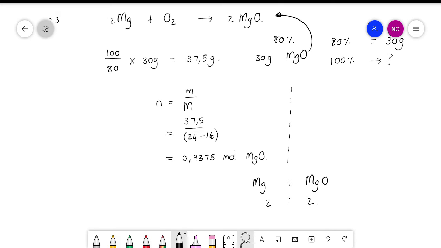So if it's 0,9375 mole of magnesium oxide, then it will be exactly the same amount of magnesium. En dis jou antwoord. 22,5 gram.